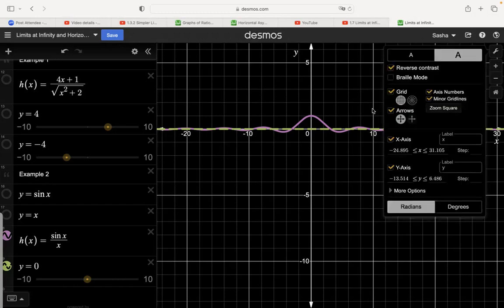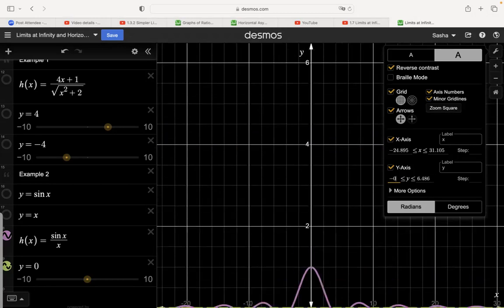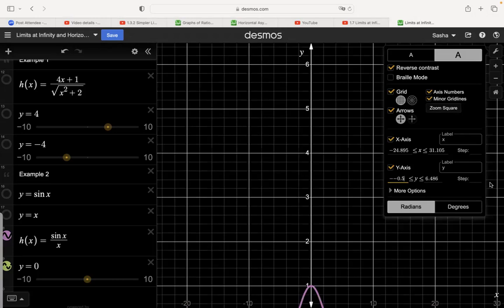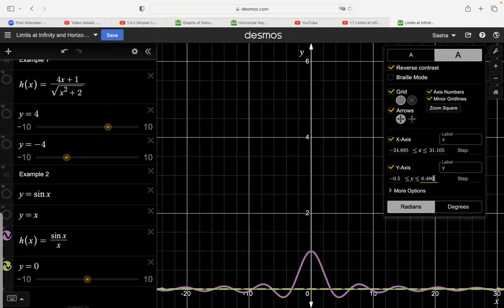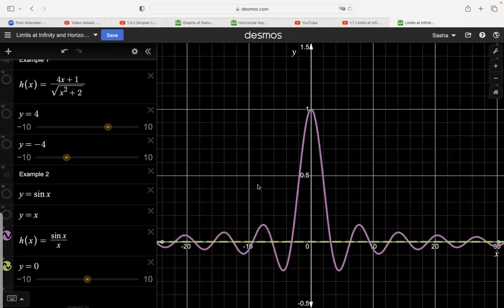We might want to exaggerate the features a little bit by letting the y values go between, I don't know, let's say negative 0.5 and let's say 1.5. Then we have a better sense of what's going on. Notice that this function is 0 a lot of times.